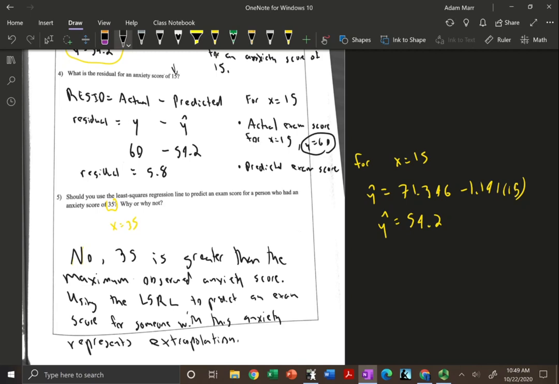So that's right here, why or why not. Using the least square regression line to predict an exam score for someone with this anxiety represents extrapolation.